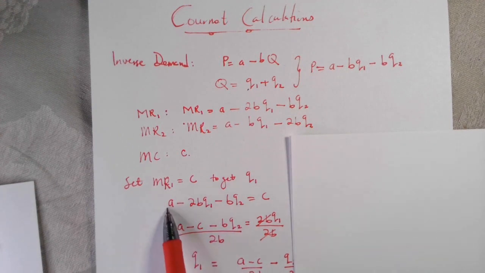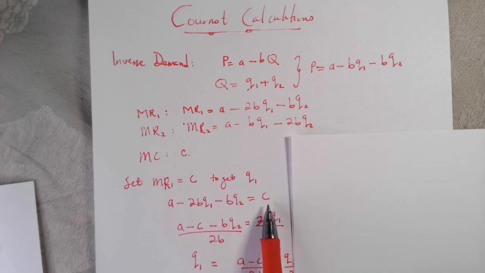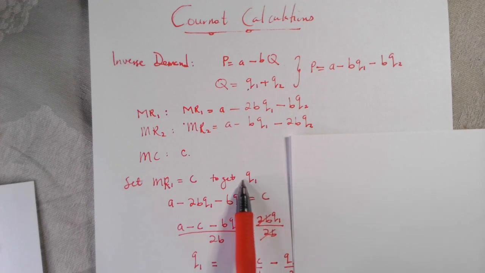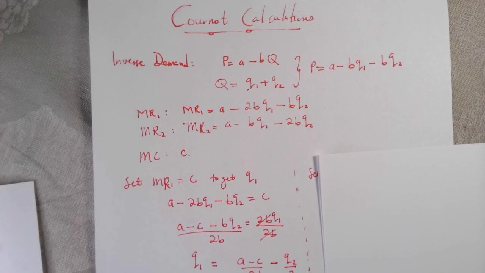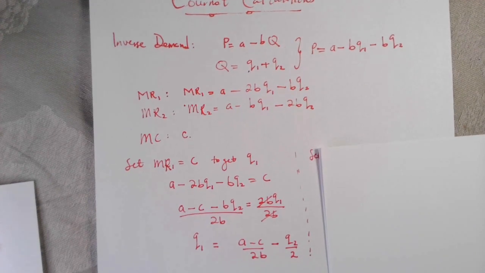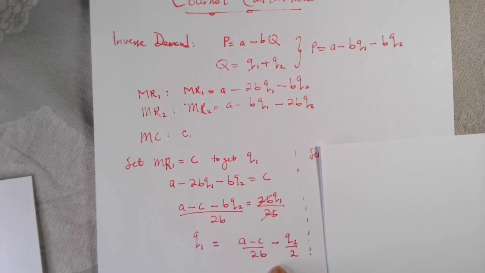Okay, we set that equals C. We migrate the negative 2BQ1 across the equal sign, and we migrate the C the other way so that we have this here, and we divide through by 2B to get Q1 to stand on its own. That way, we have this equation for Q1.